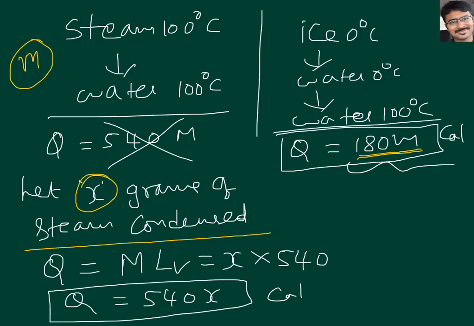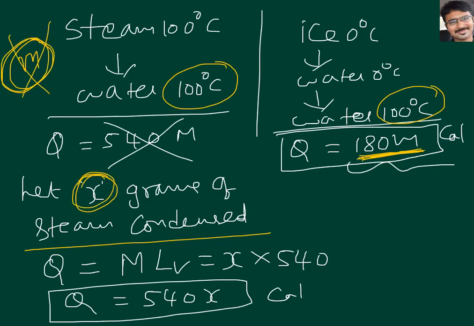They reach the equilibrium temperature with 180 m only. Why take 540 m? If you take 180 m, the energy is enough. So the total mass of steam at 100 is not required to be converted. Out of the total mass, if some x grams of steam is condensed, it is enough.